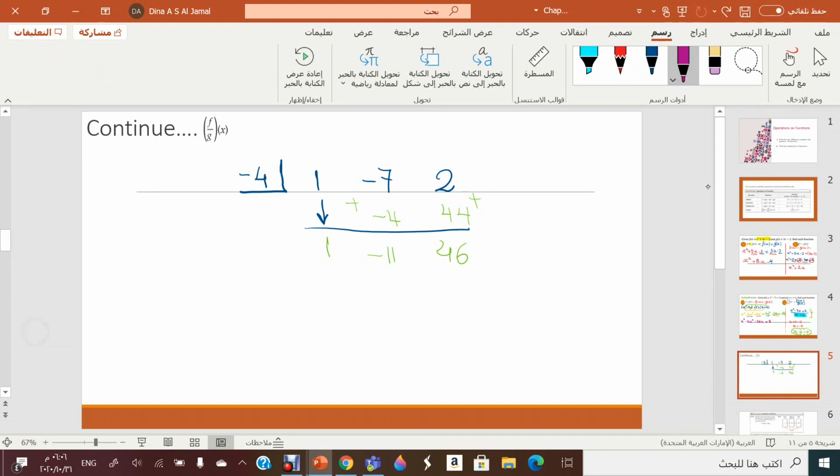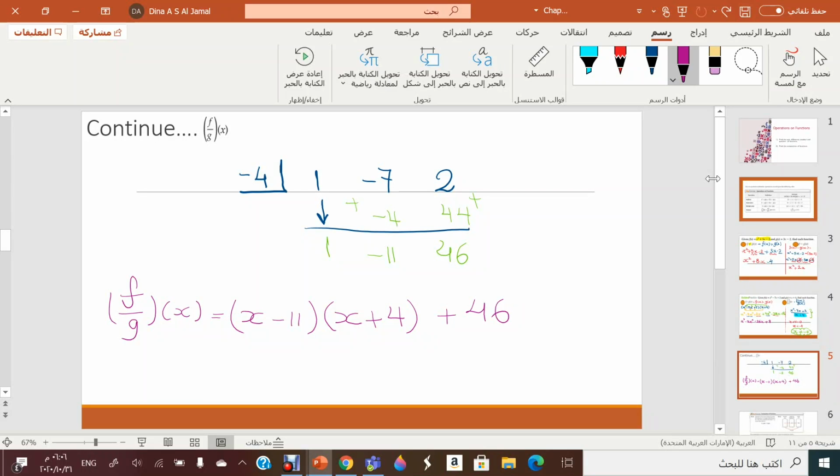And if you would like to write it again, it will be f over g of x equal to x minus 11, x plus 4, plus the remainder. And this is the remainder theorem, which I have explained before in one of the videos of the recorded lesson. You can go back and remind yourself by it.